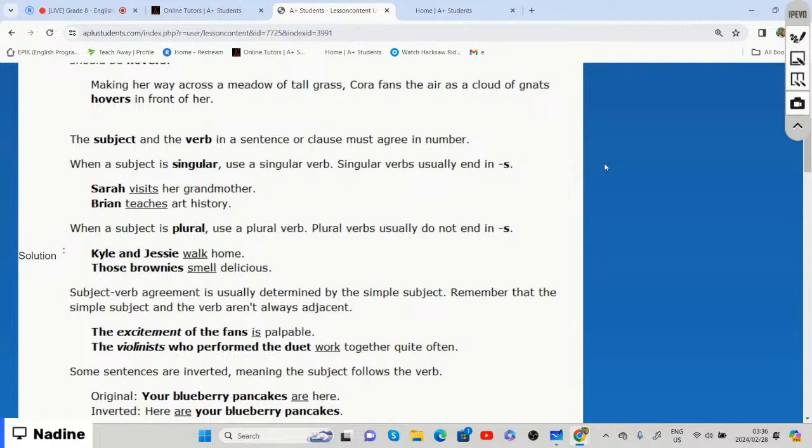For example, Kylie and Tracy, they walk home, not walks home. They walk home. Those brownies smell delicious.